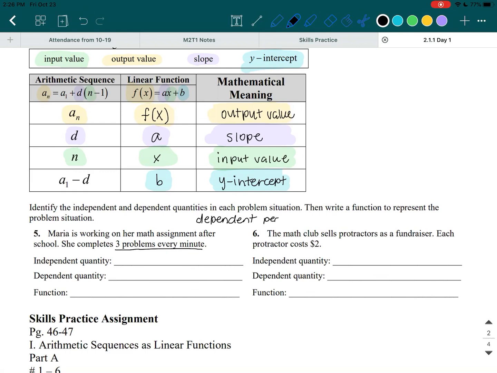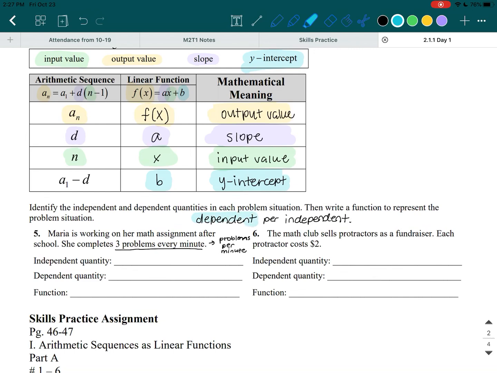Dependent per independent. So if we have problems every minute, this is the same thing as problems, sorry, that says problems per minute. Okay, and so from here, you can find out what your independent and dependent quantities are.